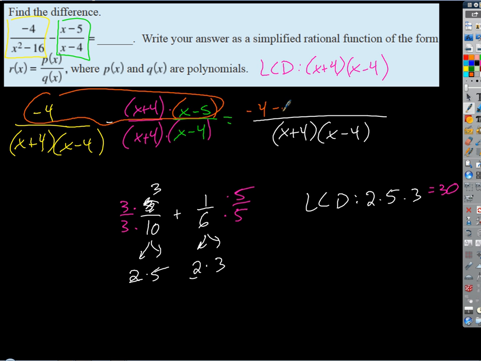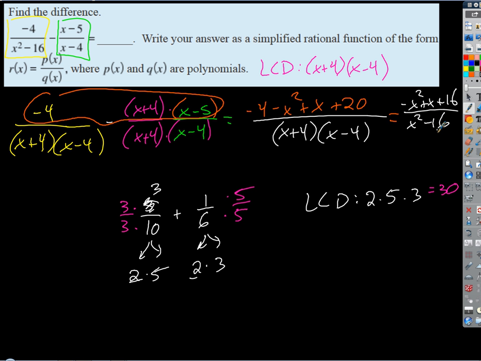We're going to get minus x squared, good. Then we get a plus x, good. And then a plus 20, very good. Okay, and so if I combined all that stuff, what's my final answer look like? Negative x squared plus x plus 16 over x squared minus 16.